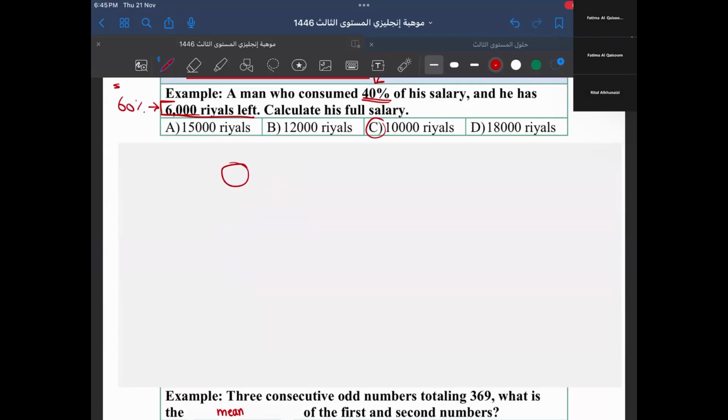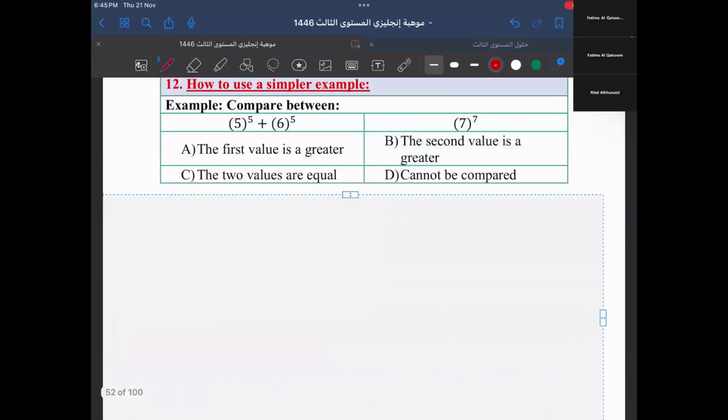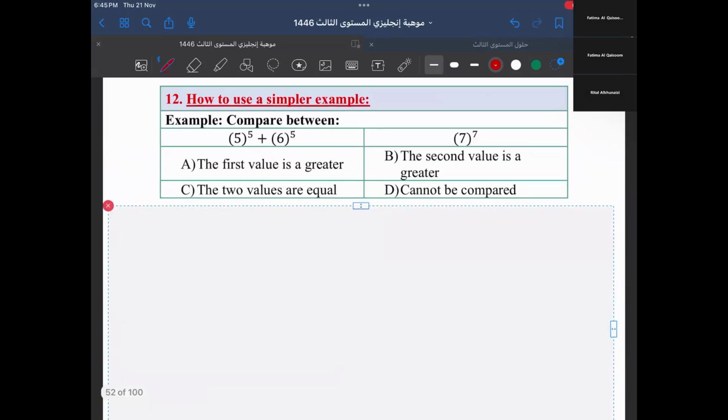You put the part over the whole equals the part over the whole, and you do it with any ratios that you have. And we're going to see some questions with the same way of solution.